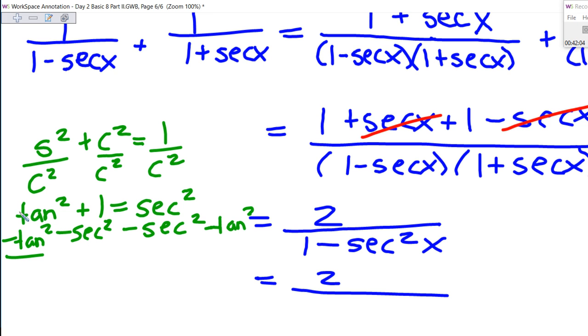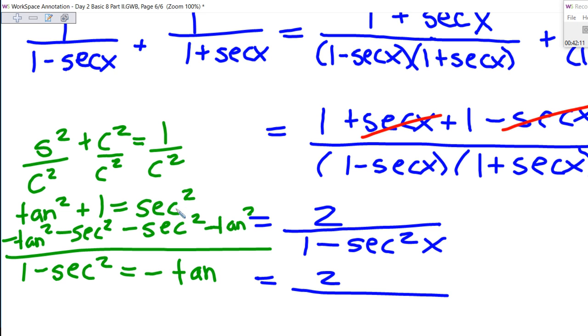So that would give me 1 minus secant squared is equal to negative tangent squared. So to correct it, instead of 1 minus secant squared, I need to put negative tangent squared.